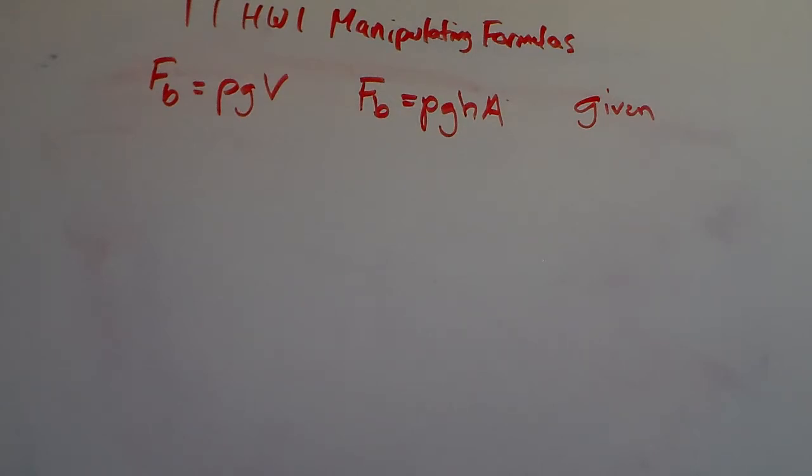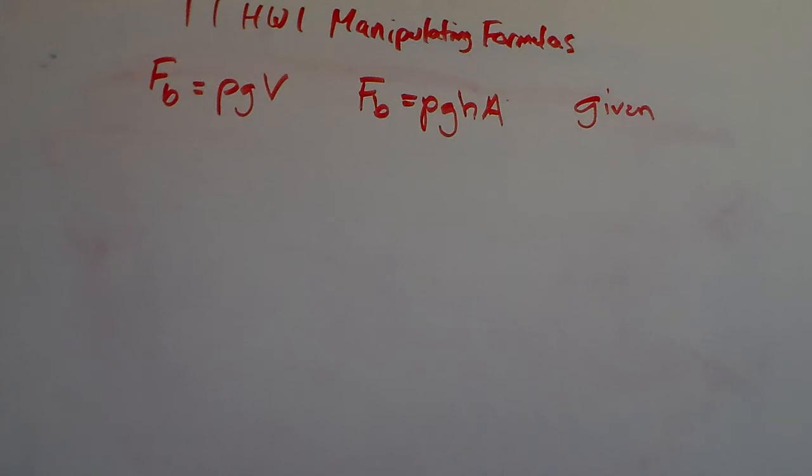One involves the volume of the liquid displaced, which has the V in it, and the other one has an HA, standing for the height of the floating object, and the A stands for the surface area of the floating object. Now P, which is found in both formulas, is the density of the liquid, and G is also in both, which is the gravitational acceleration.